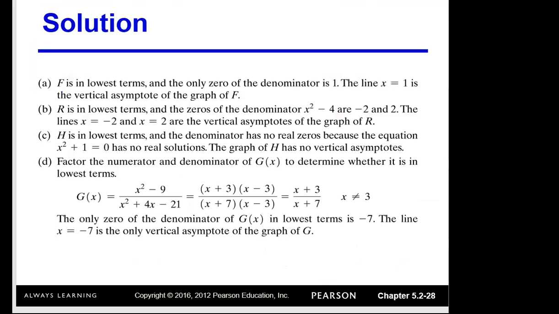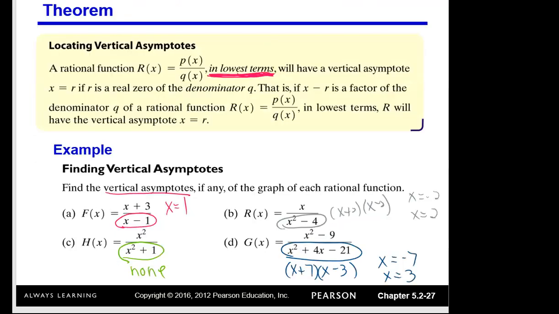And then their next slide shows all that. A, f is in lowest terms. Oh, wait a minute. I forgot to reduce that last one, didn't I? Oh, my bad. I totally forgot the numerator. On B, my numerator was just an x, which didn't reduce my fraction. On D here, I totally forgot to take the x squared minus 9 and factor that to be x plus 3, x minus 3.